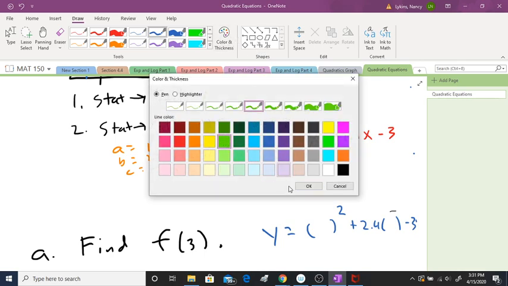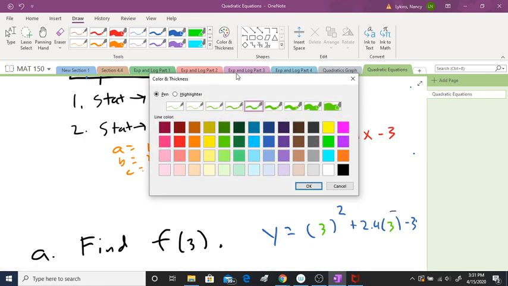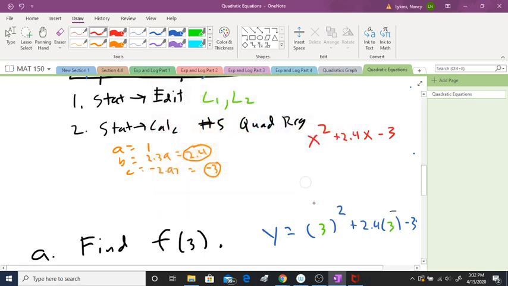That's where that 3 comes into play. So if I take 3 squared plus 2.4 times 3 minus 3, the answer I'm looking at should be 13.2. So I could ask you to plug in values.